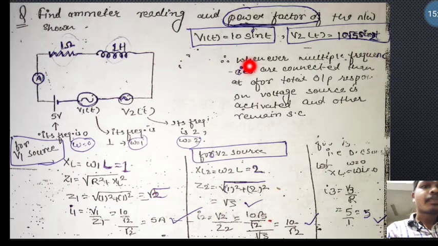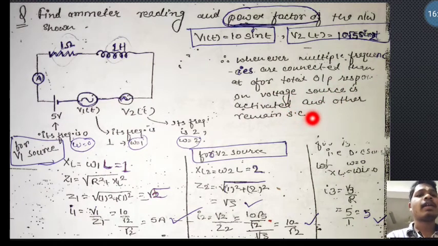The value of V1t is given, that is 10 sin t, and V2t is equal to 10 root 5 sin 2t. So whenever multiple frequencies are connected, then for the total output response, one voltage source is activated and the others remain short circuited.